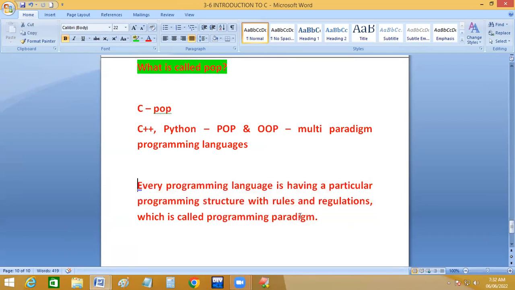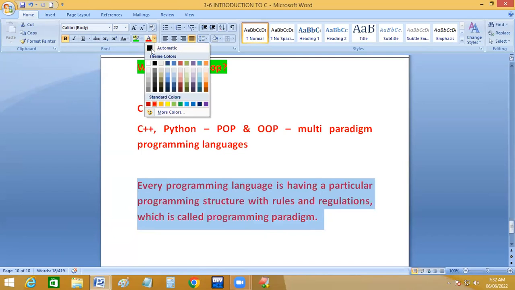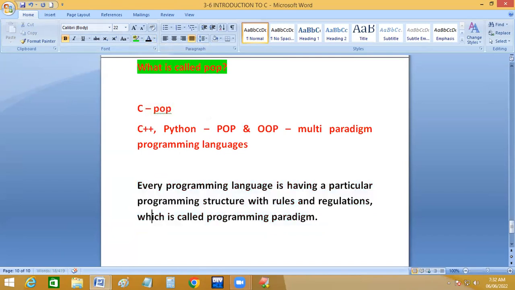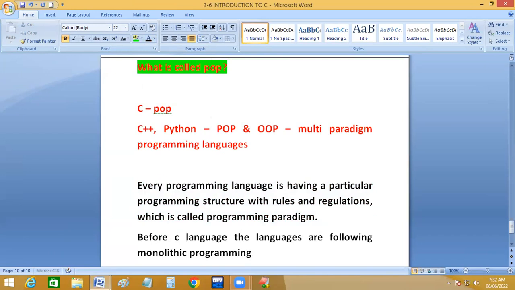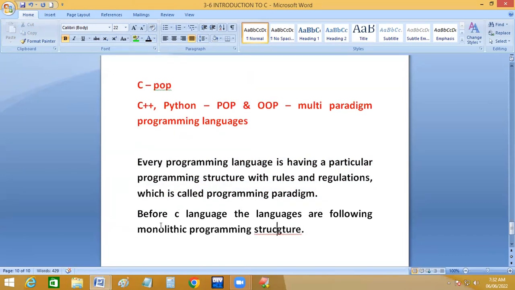Before C language, everyone listen, the languages were following monolithic programming structure. What is monolithic programming structure?